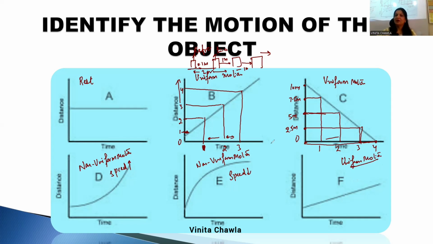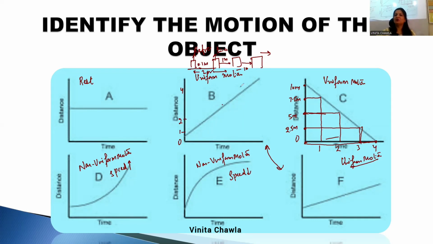Constant speed. What is the difference between B and F? You tell me. The difference between these two graphs is, which has greater speed? B or F? Yes.